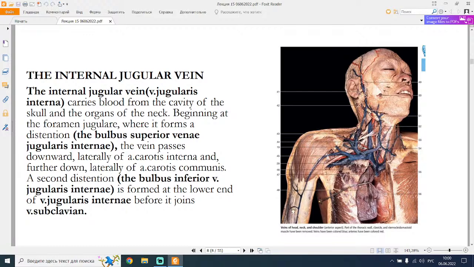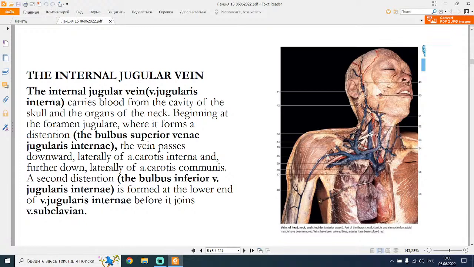The internal jugular vein, vena jugularis interna, carries blood from the cavity of the skull and the organs of the neck. It begins at the jugular foramen, where it forms a distension, the bulbus superior venae jugularis internae.